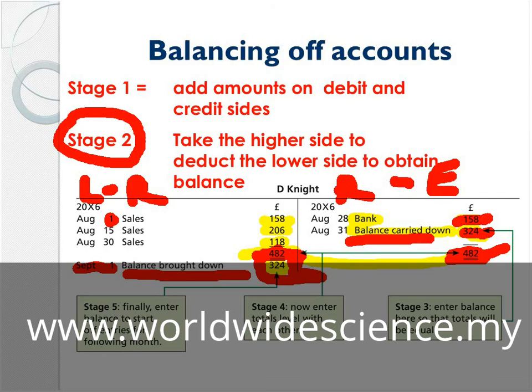So we're taking the highest, 482, minus the lower side 158, and then we show the balance which is carried down, 324, and this amount will be taken for the next month. It's brought down for the next month. Okay, thanks. I hope you do understand.